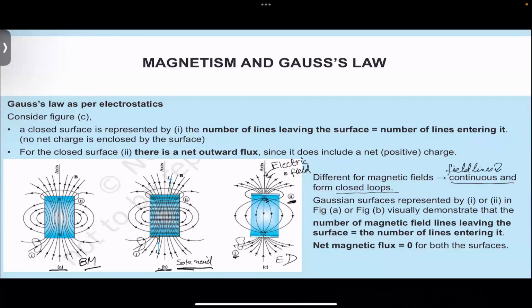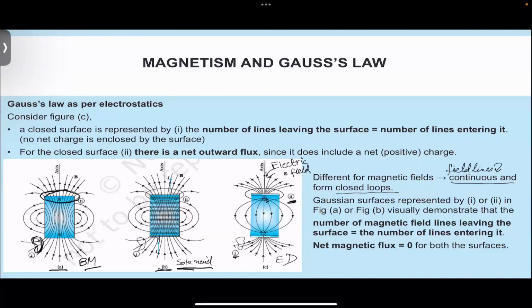You can see that regions 1 and 2, with respect to both, show how many magnetic lines enter and leave the surface, this region over here as well as this region over here.